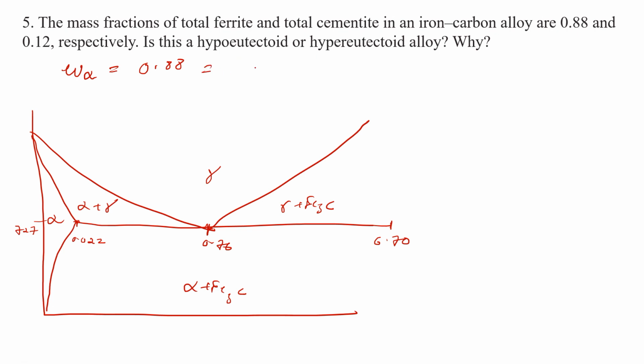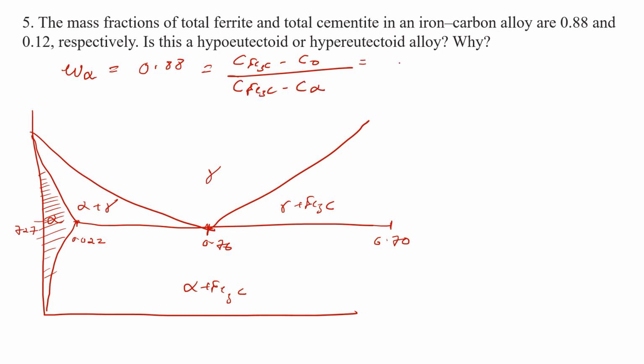So this should be given by the arm which is away from the alpha phase. This is the alpha phase, and the arm that is away from the alpha phase is 6.7, or if you write it in terms of concentrations, Fe3C minus C naught, and the total arm is 6.7 minus C alpha.